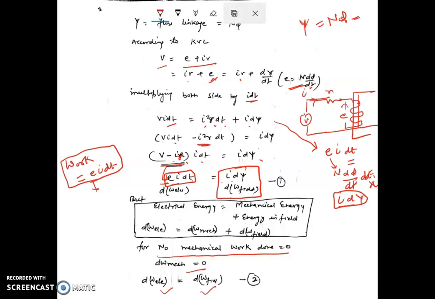It means the whole electrical energy will be stored in the circuit in the form of the energy of the magnetic field. So whatever electrical energy you supplied, that whole electrical energy is saved as energy of the magnetic field in the circuit.